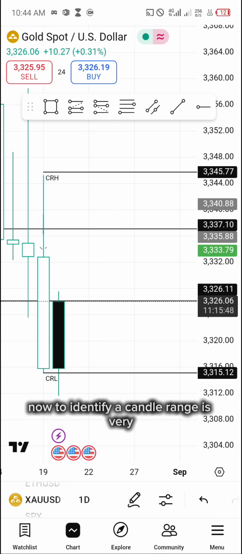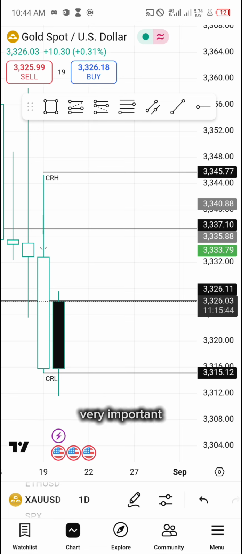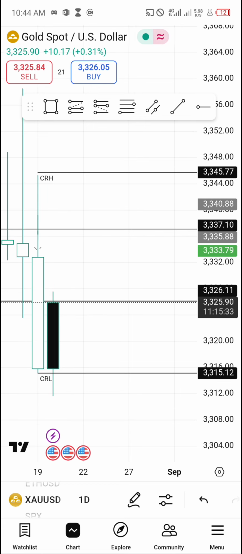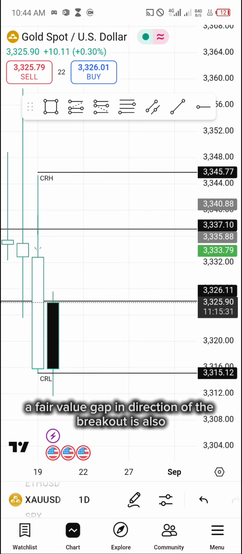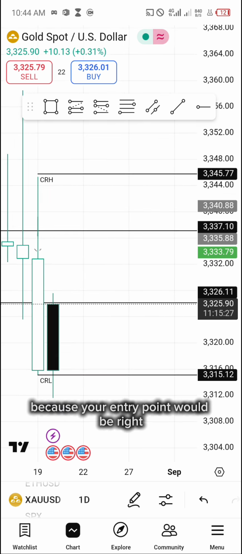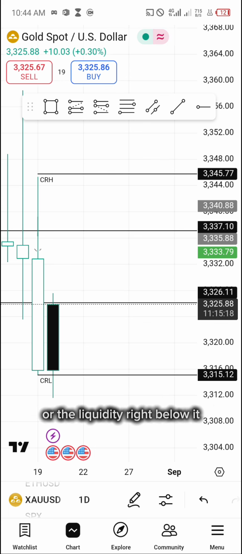Now, to identify a candle range is very important, and to wait for the expansion, which is the breakout of the range, is also important. Spotting a fair value gap in the direction of the breakout is also important, because your entry point would be right when price retraces into the fair value gap, and your stop loss can be right below the fair value gap or the liquidity right below it.